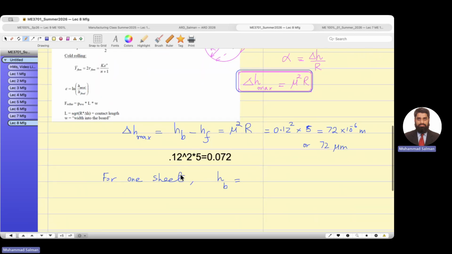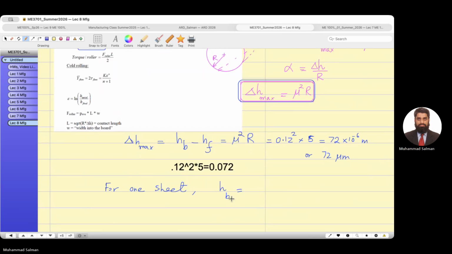So for each sheet, hb1 would be equal to final thickness plus 72 divided by 2.